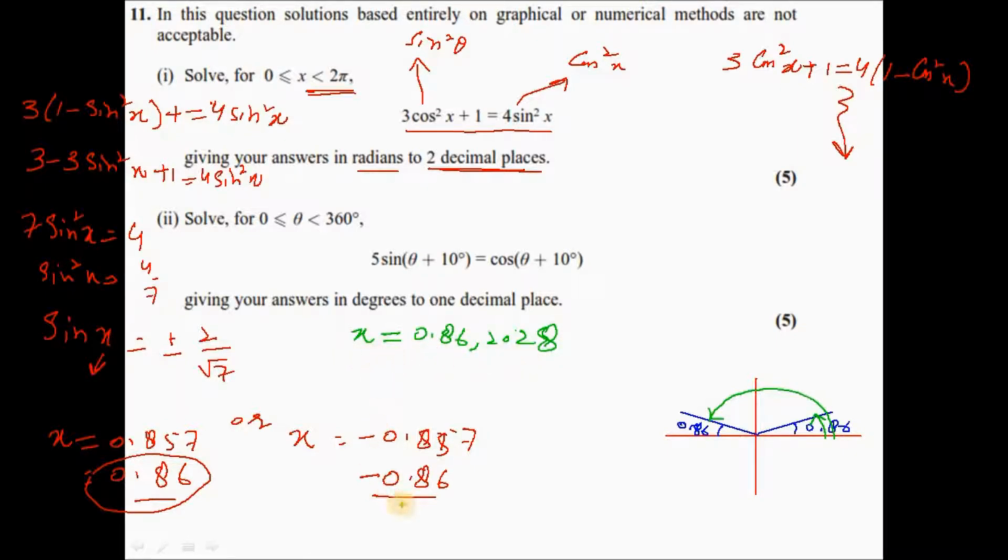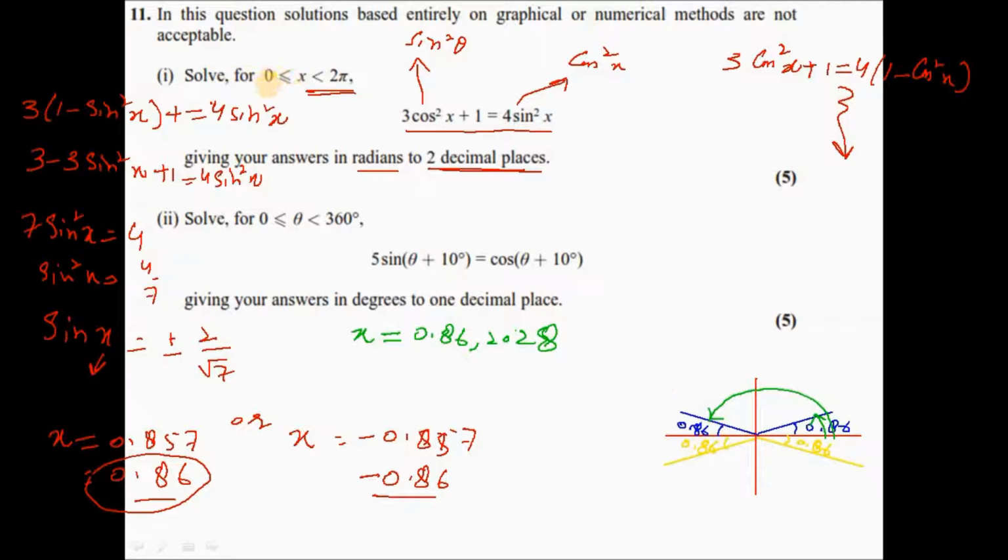What about the negative value? In this case, you will draw the same diagram, but as sine is negative, this is your negative angle for sine. So this is 0.86 and this is 0.86.